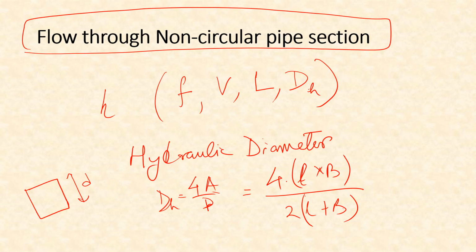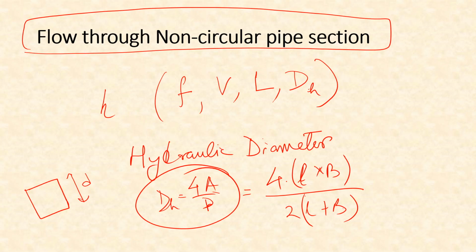So you get the idea that we simply use 4A by P to find some dimension of the pipe which represents the diameter of a circular pipe having similar flow characteristics or similar kind of head loss.